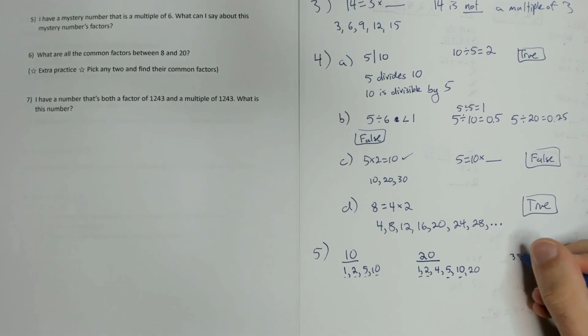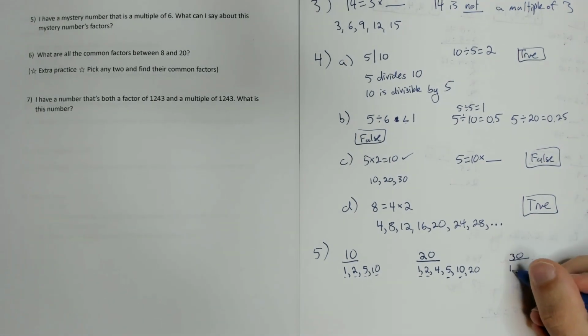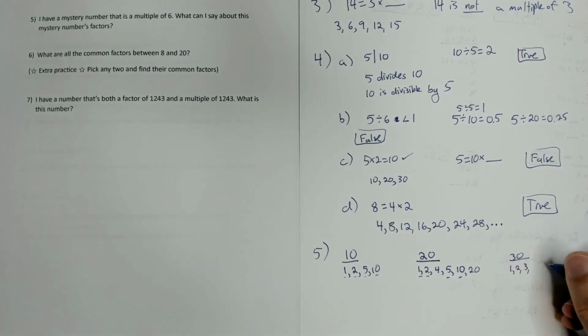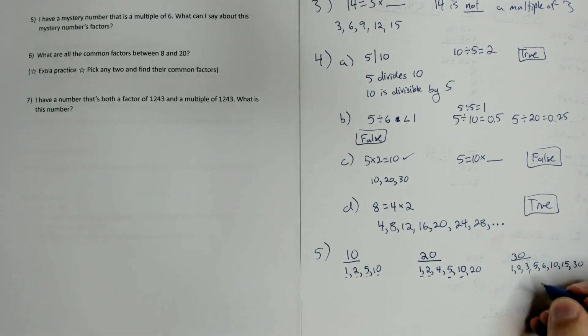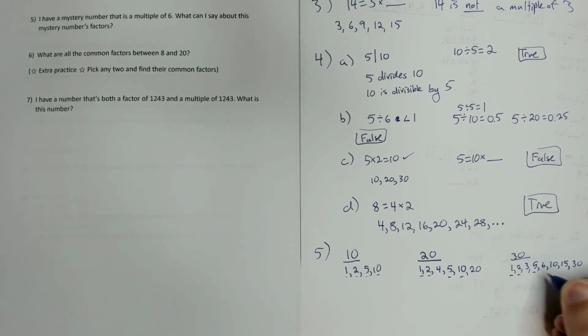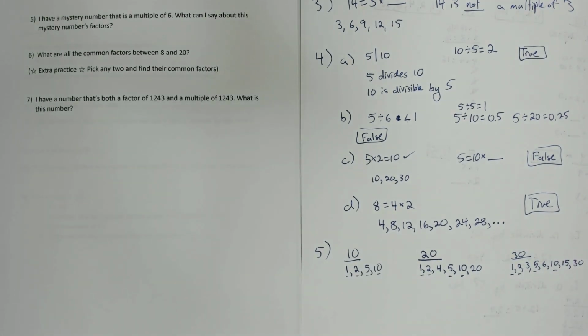If I did all the factors of 30, I would have 1, 2, 3, 5, 6, 10, 15, and 30. So these are all the factors of 30. But once again, they include the 1, 2, 5, and 10 from the factors of 10. Basically, any multiple of 10 has 10's factors in it.